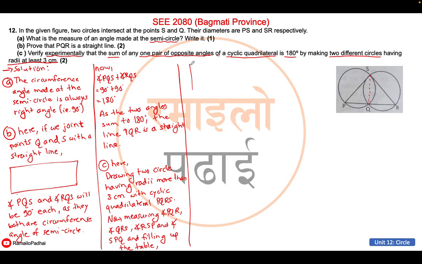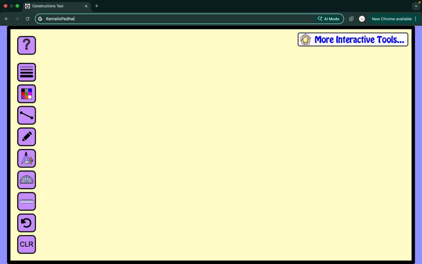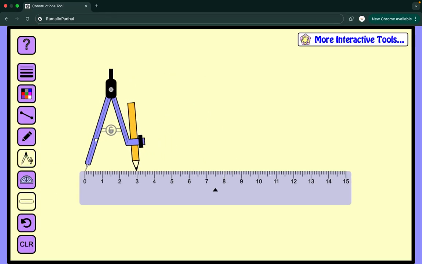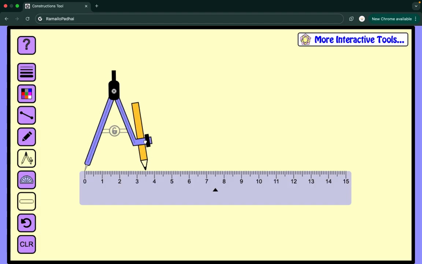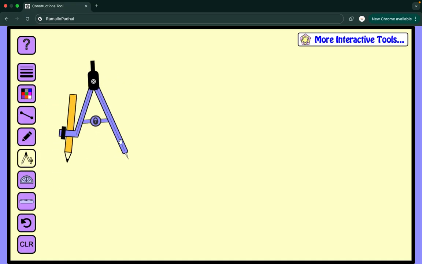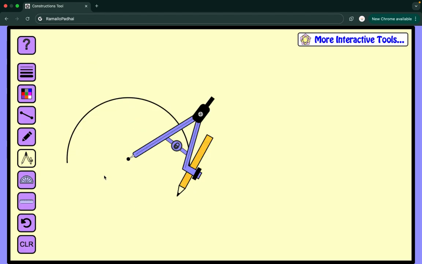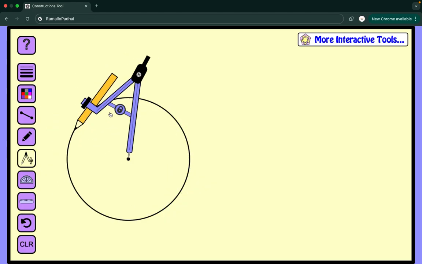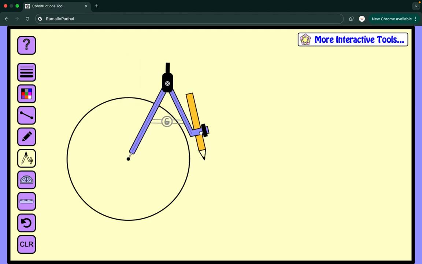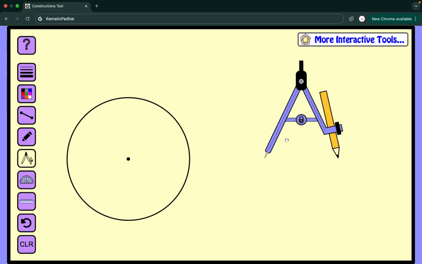So here we will draw two circles with a cyclic quadrilateral. The two circles should have radii more than 3 centimeters. So this will be one circle, and another circle will be slightly bigger than this.